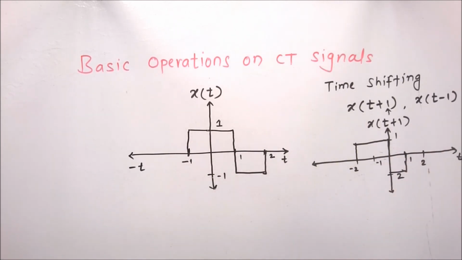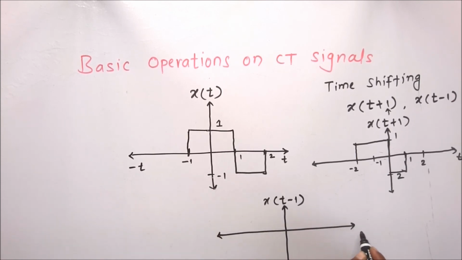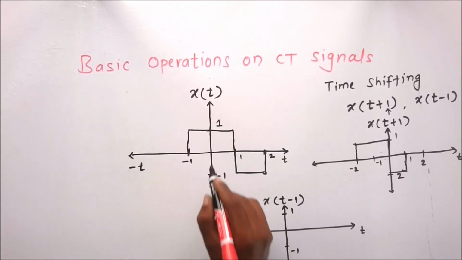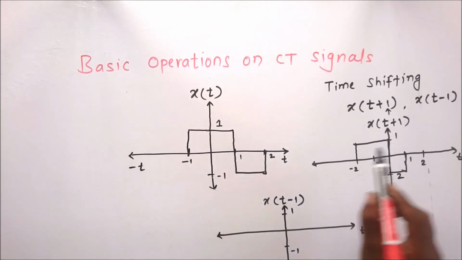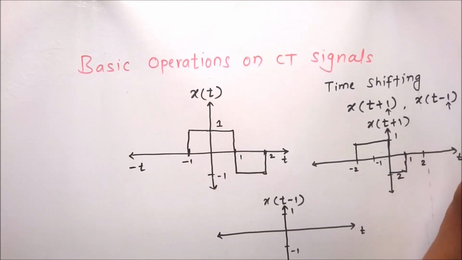Next operation is x of t minus 1. This operation is known as delay operation. In this operation, the given x of t will shift to the right hand side by 1 unit.